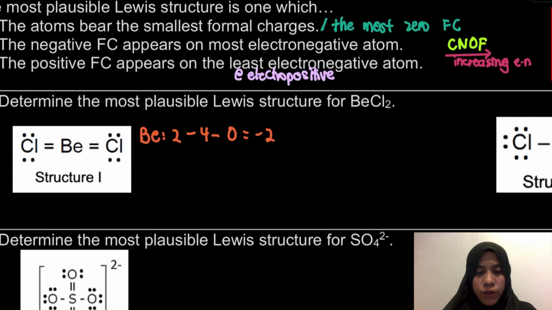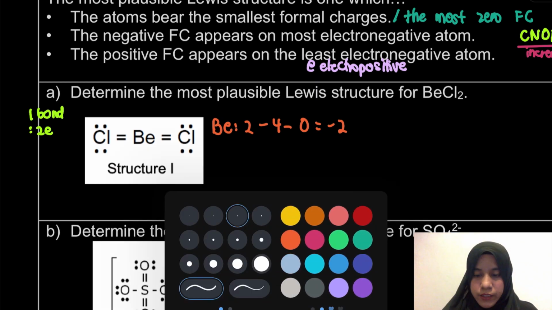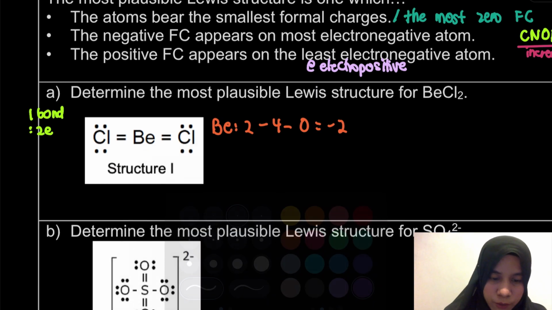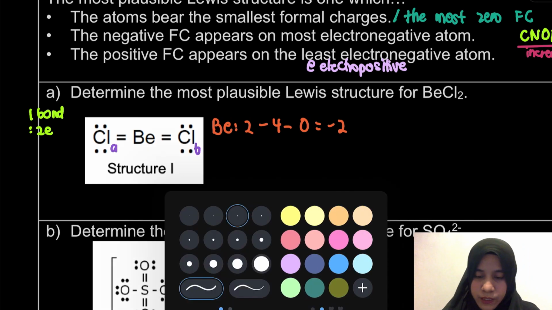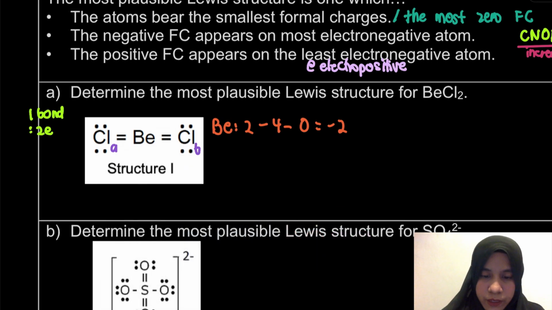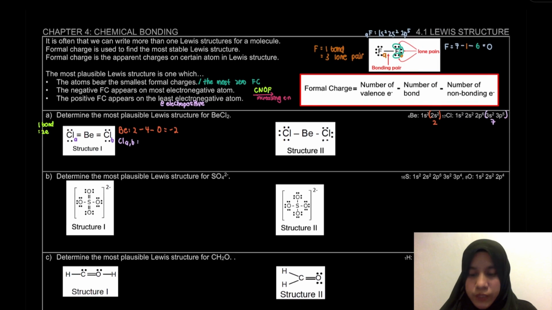Okay, so that is for beryllium. Now for our chlorine. Chlorine ni, it's actually the same chlorine kan? But I'm just going to label them chlorine A and chlorine B. Sama sahajalah. Again, how to calculate the formal charge?